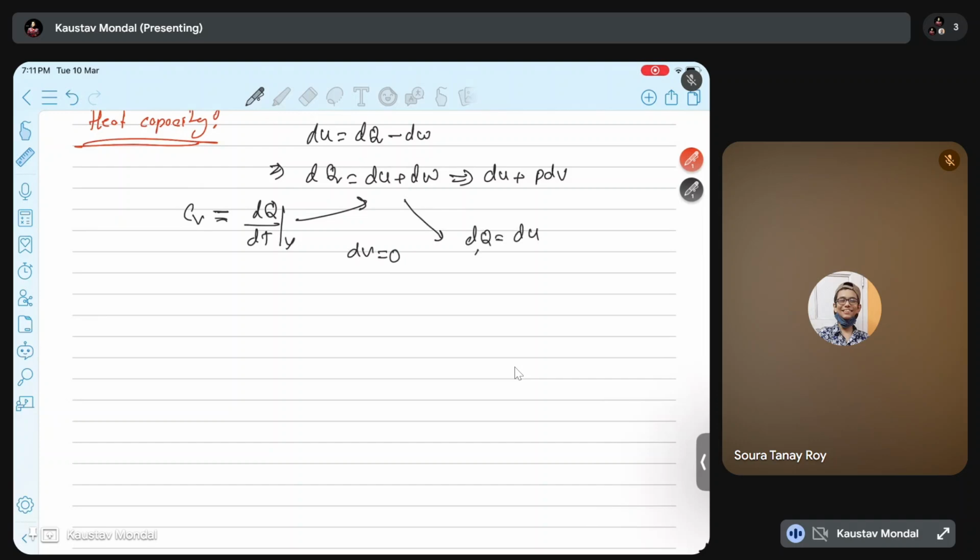So for the isochoric process, CV can be written as dU by dT. Instead of the derivative of heat, we can take the derivative of internal energy with respect to temperature, and from that we can calculate the specific heat.